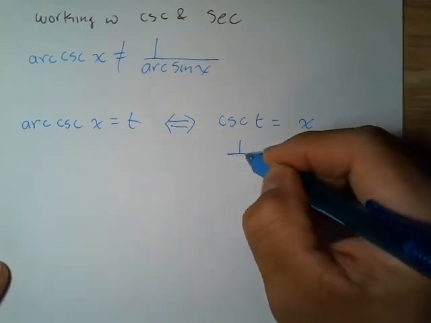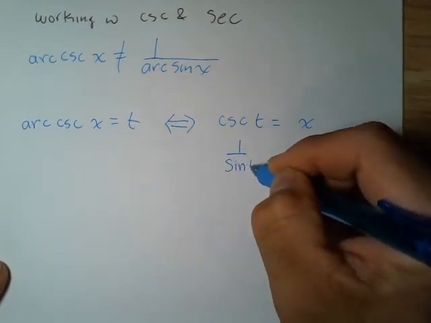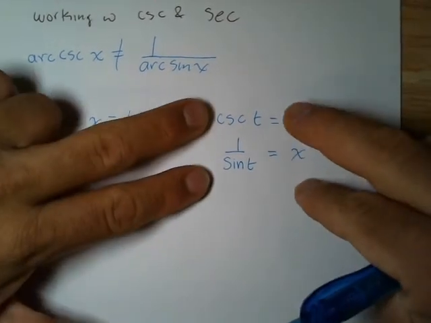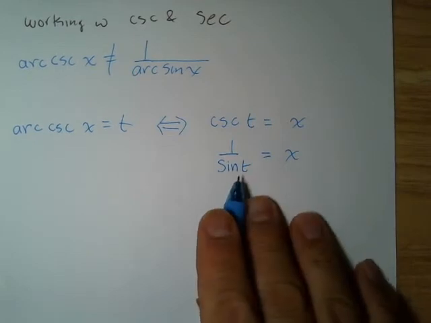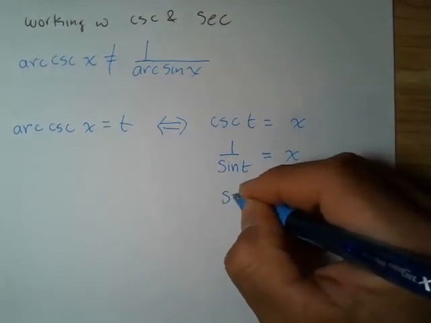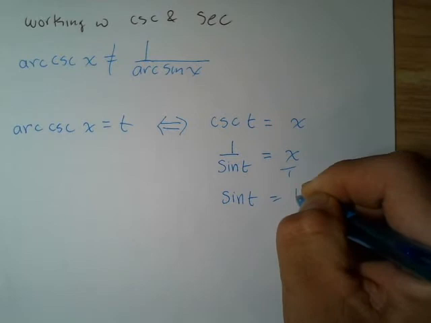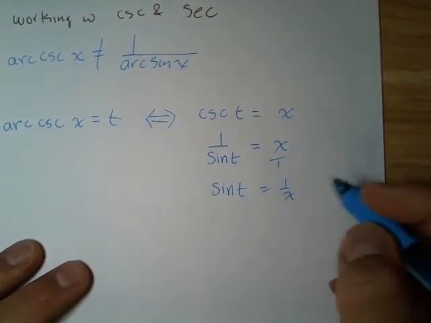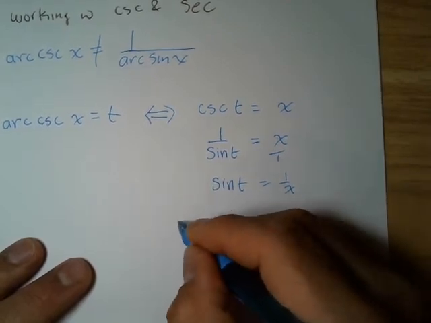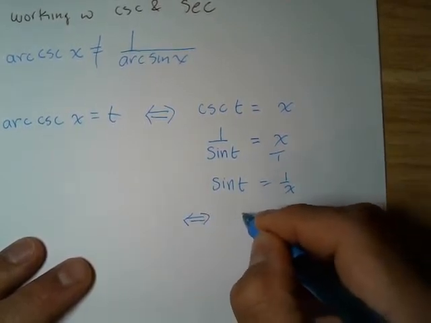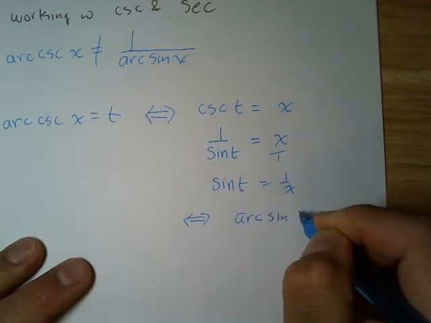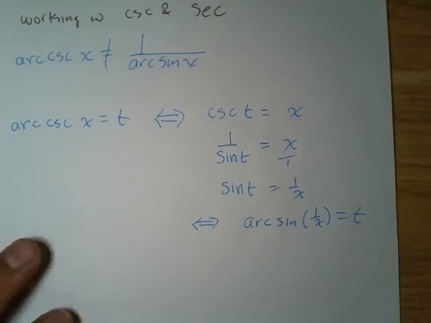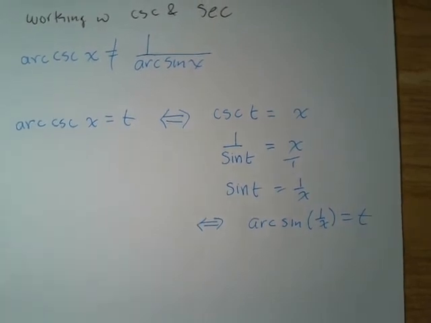So here we have 1 over sine of t is equal to x, and taking the reciprocal of both sides, since we have one fraction equal to another, we have sine of t equals 1 over x. Well, sine of t is equal to 1 over x if and only if arc sine of 1 over x is equal to t. That's how the sine and the arc sine are defined.